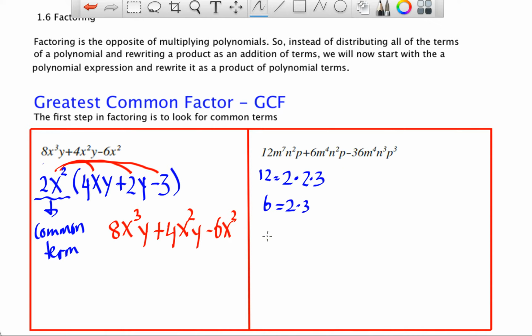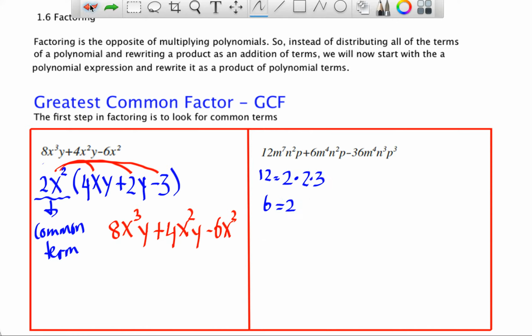And 36 is, let's see, 2 times 18, and 18 is 2 times 9, and that's 3 times 3. So you can break this stuff down, and then you can see that what you have in common is they all share a 2 and a 3. Right? They all share a 2 and a 3, and then immediately you're left with the other parts. Okay, now on this one you probably didn't need that. So I'm going to cancel all that out.